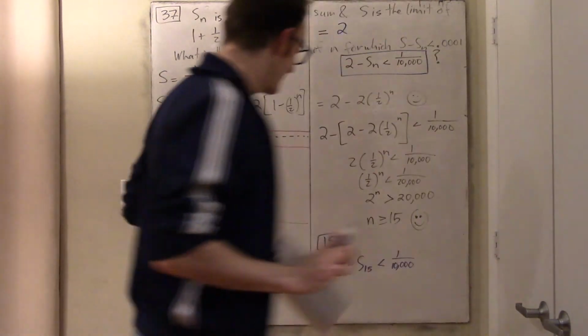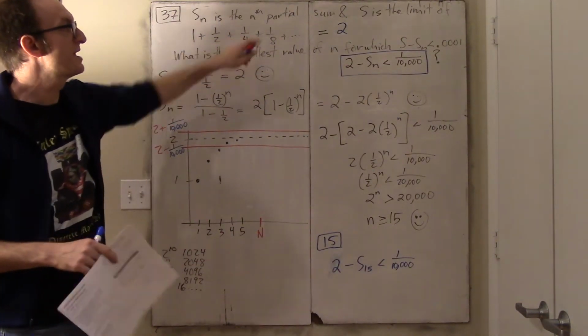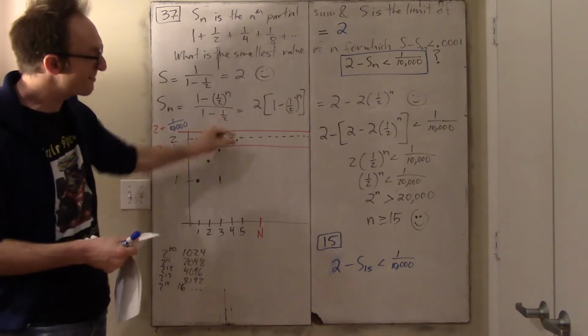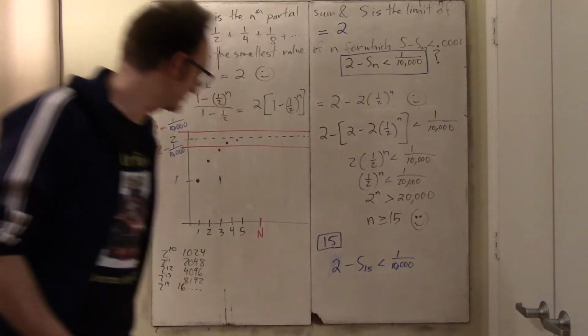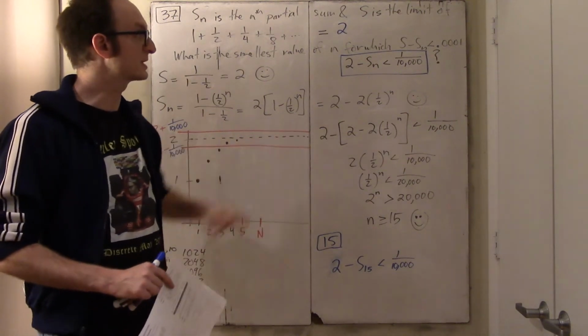If I'm at the 14th partial sum, if I have 14 terms of the sequence, then the difference between me and 2 is very, very small, but it's not quite small enough. Beyond that point, the gaps will just get smaller and smaller.